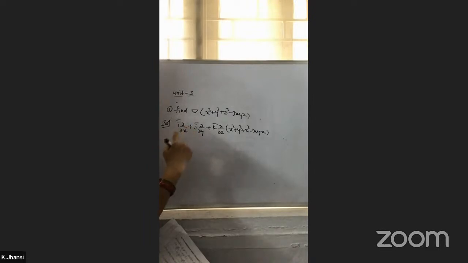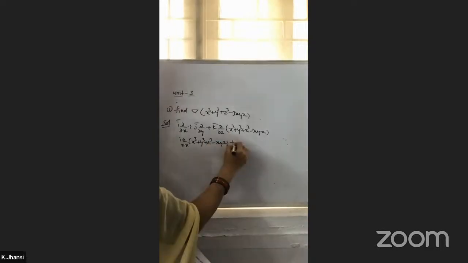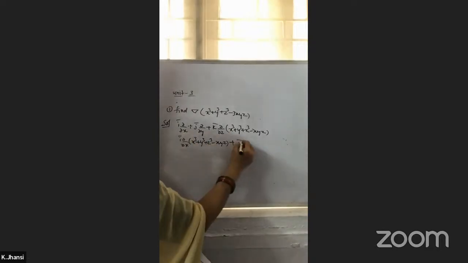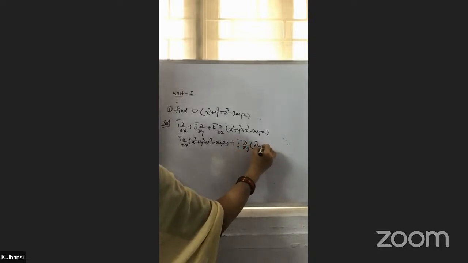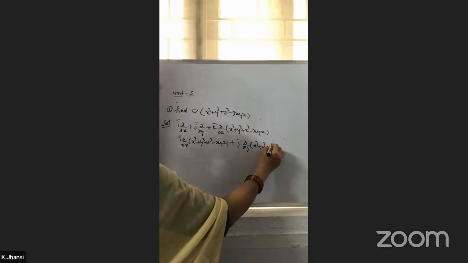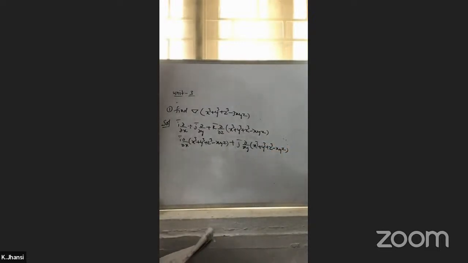So here you have to multiply this i dou by dou x with that function, each and every one. So you will get i dou by dou x of x cube plus y cube plus z cube minus 3xyz, plus j dou by dou y of x cube plus y cube plus z cube minus 3xyz.